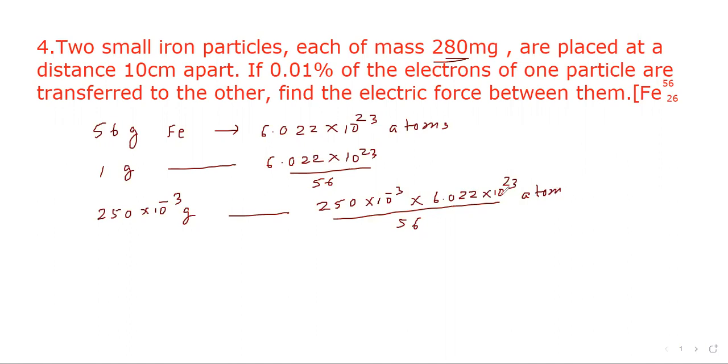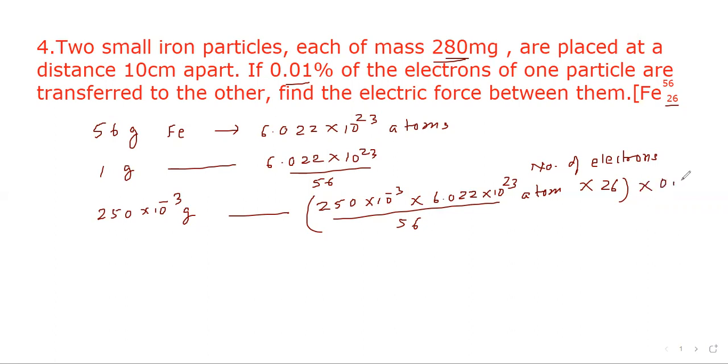Now, each atom of Fe contributes 26 electrons. So, number of electrons we can find by multiplying this term by 26. This is the number of electrons. Now, in our question, it is given that only 0.01% of the electrons will contribute in calculation of the force. So here we take 0.01% of the same.